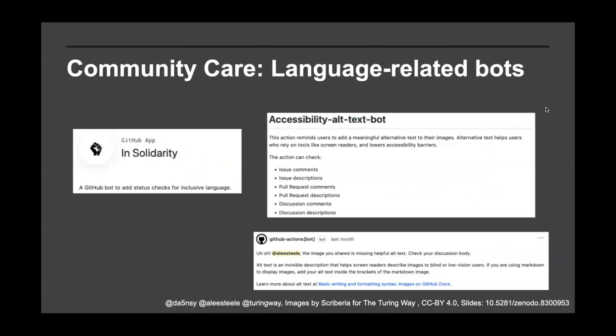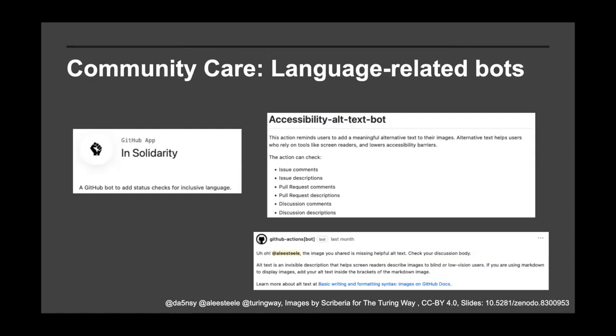A couple of the other bots that we use. So we use a bot called In Solidarity, which checks for inclusive language. And I should say, all of these are great because it takes a lot of the manual work out of it and flags things for us to actually focus our time and energy on.